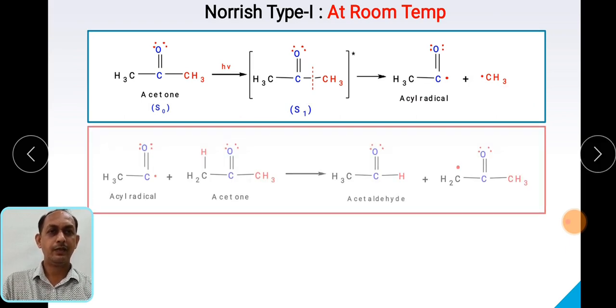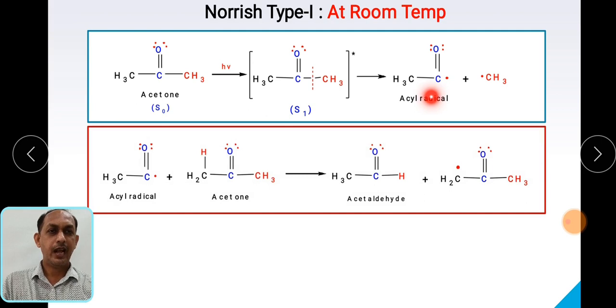But later on, as we are taking the molecules in excess, this acyl radical reacts with another acetone molecule, and this particular alpha C-H bond breaks, and you will get the formation of CH2=C(O)CH3. So in the second acetone molecule, after breakdown of the C-H bond, this results. Whatever H is lost from here will go to this particular acyl radical.